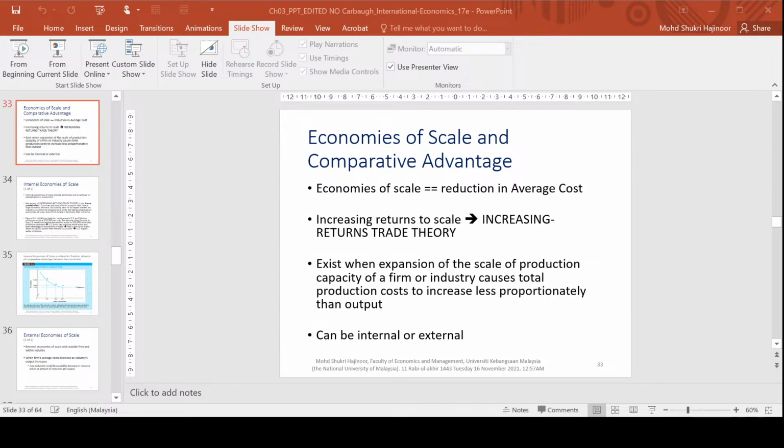For example, TV. TV was introduced in Europe and United States. Why? They had the technology and capital to make a TV. Malaysia, Korea, anywhere in this developing world did not have the knowledge even to make a TV at that time.